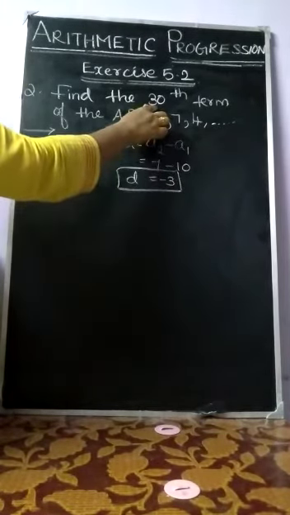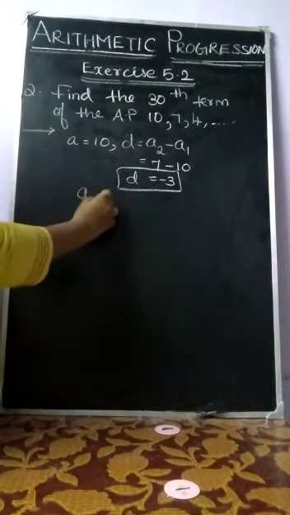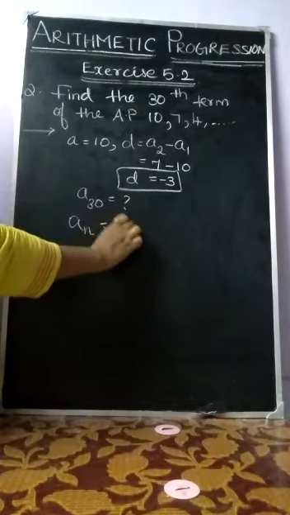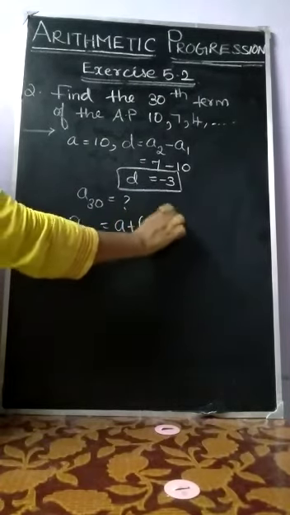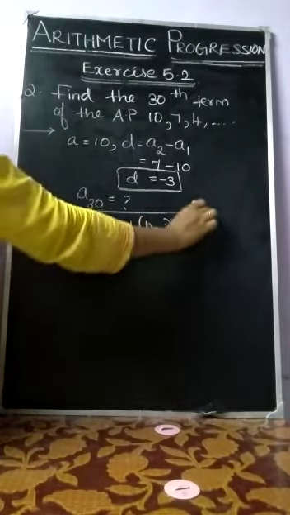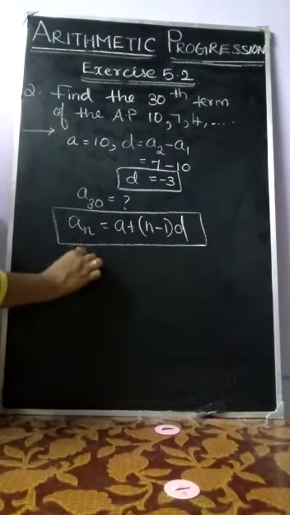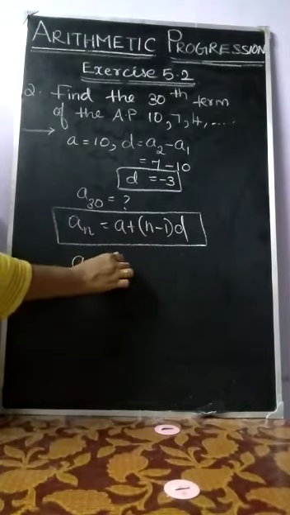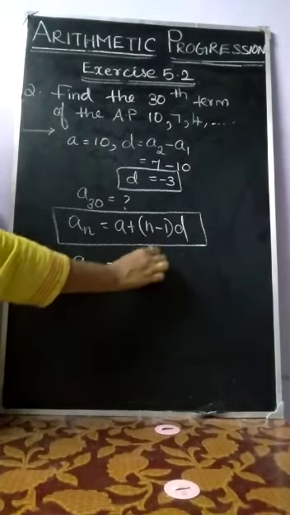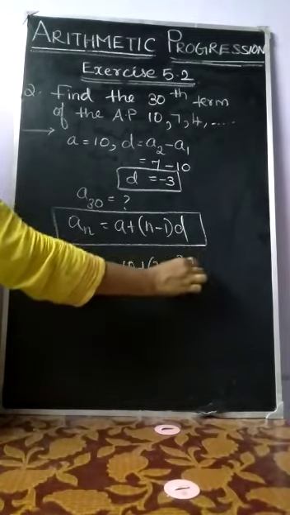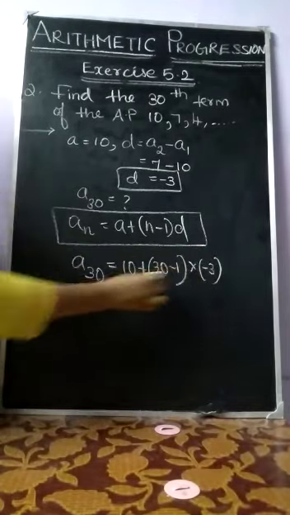We need the 30th term only, no. So we have to calculate A30. What is the general term of an AP? An equal to a plus n minus 1 into d. So apply all the values in this formula. So n is equal to 30. A30 equal to a value 10 plus n value 30, so 30 minus 1 of d value is minus 3.